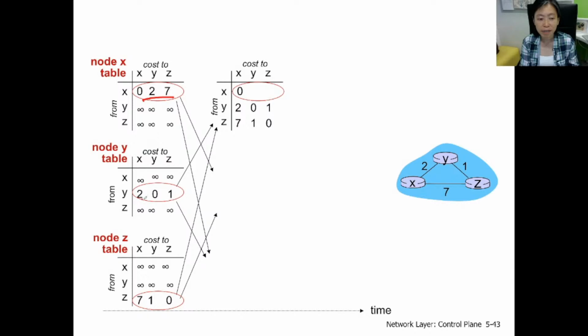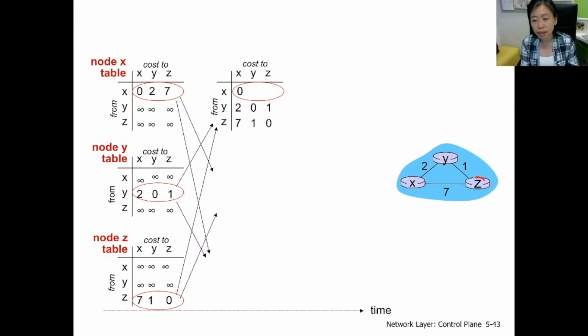Once the vectors are initialized, each router will what? Notify the neighbors. So this vector here will be sent from X to all the neighbors, y and z. Similarly, y is going to send its initial table to x and z.